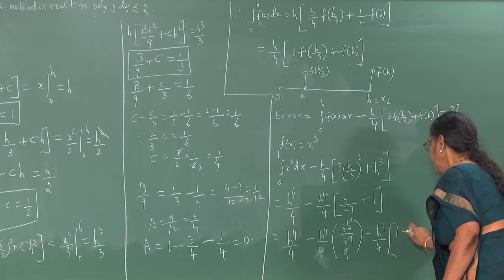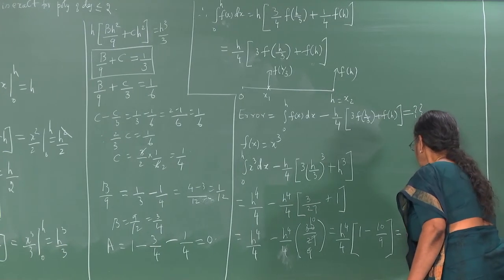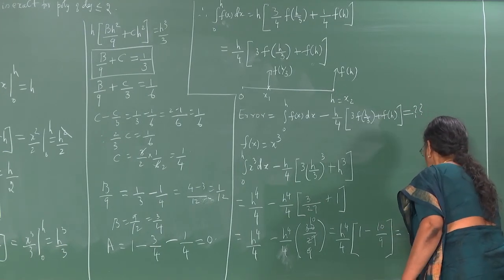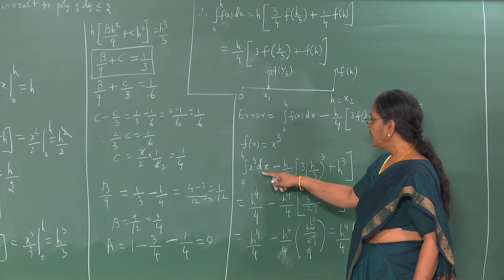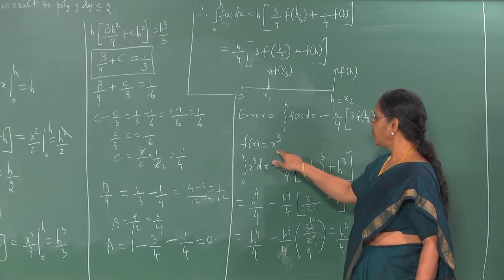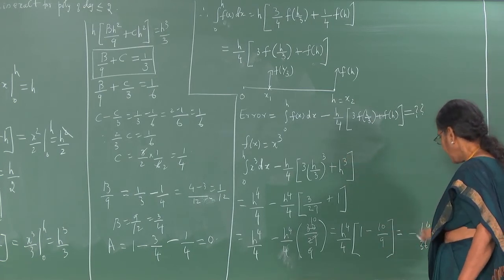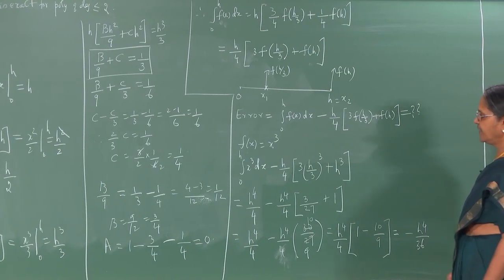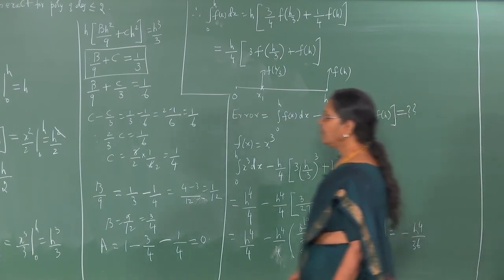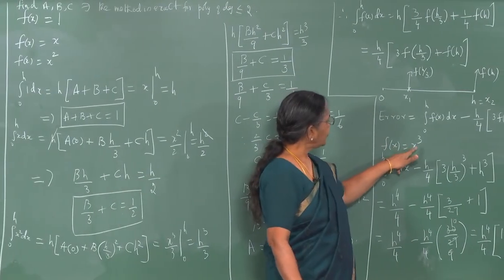So, 1 minus 10 by 9, which gives you minus h power 4 by 36. So, the difference when evaluated by taking f of x to be equal to x cubed is not 0, and it is equal to minus h power 4 by 36, and we have taken a polynomial of degree 3 here.